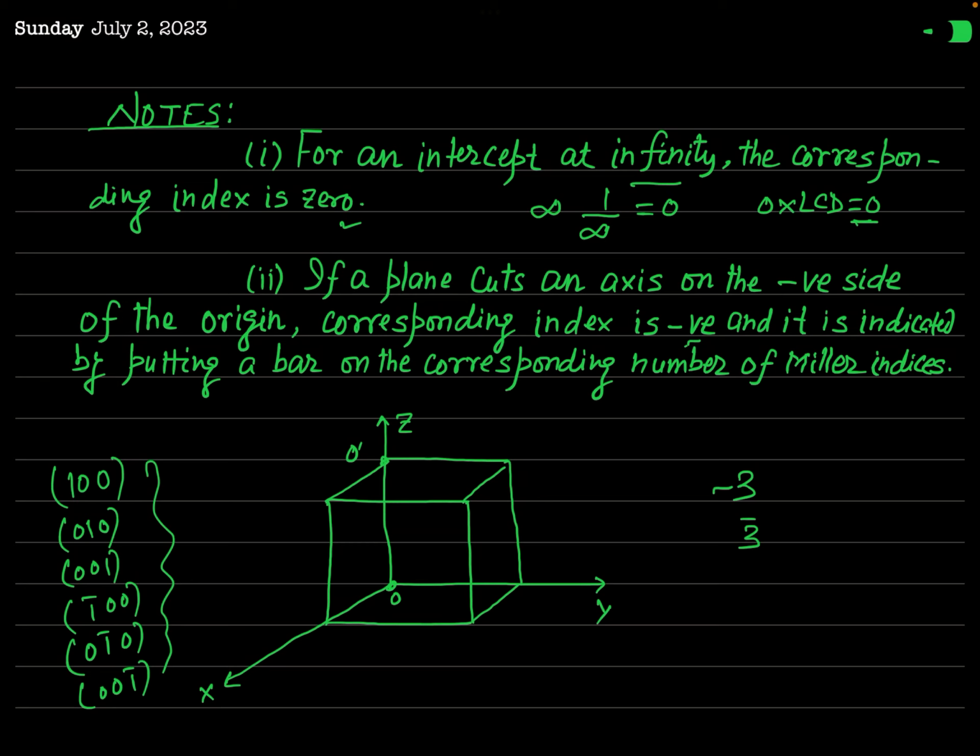So if you write the Miller indices of a face of a cubic crystal like this, 1 0 0 inside this curly bracket or braces, then this will represent the set of all these Miller indices which I have mentioned here.